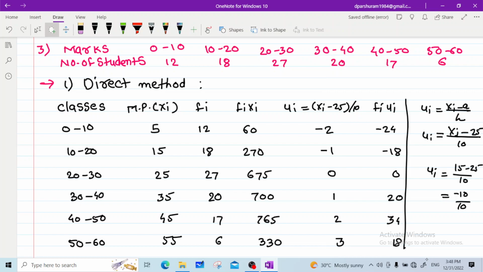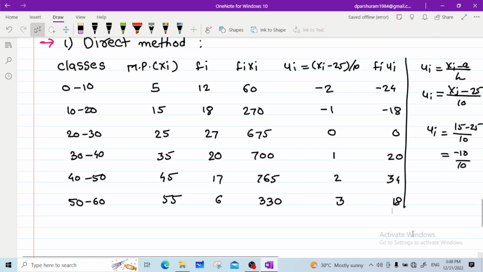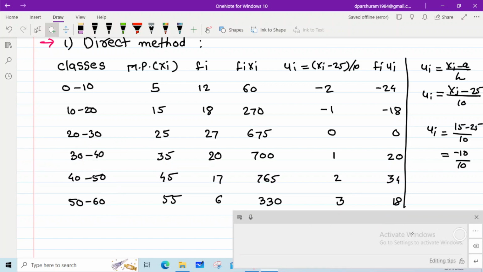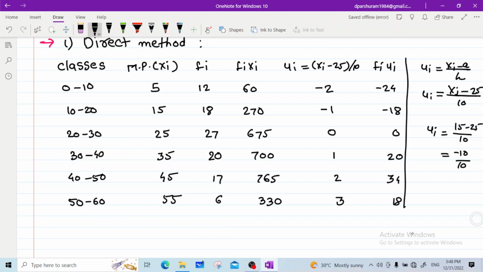Okay. Now we have to find out the totals. Summation of fi, that is 12 plus 18 plus 27 plus 20 plus 17 plus 6, which is equal to 100.